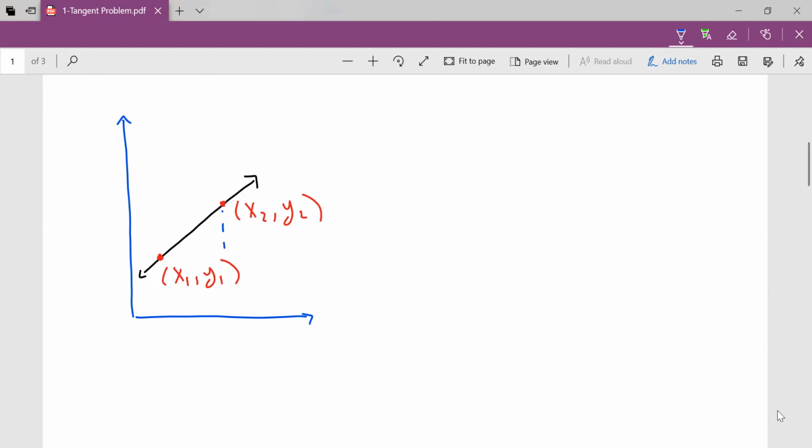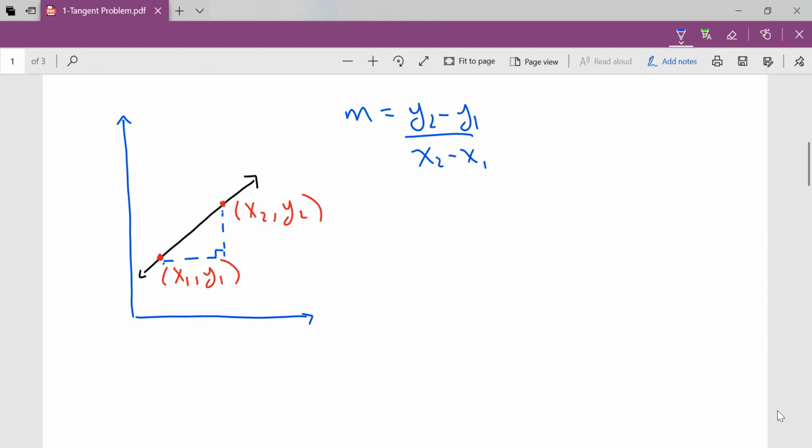I'm going to draw just a little right triangle in here to demonstrate that. That's really what we're doing, finding the change in y and the change in x. Our slope, which we denoted as m, is y2 minus y1 over x2 minus x1.